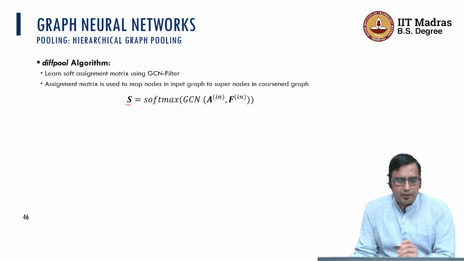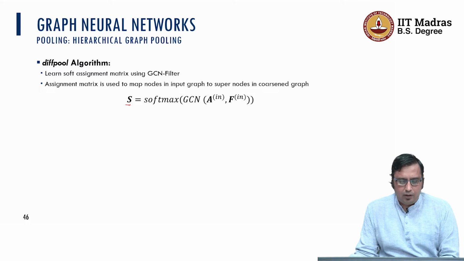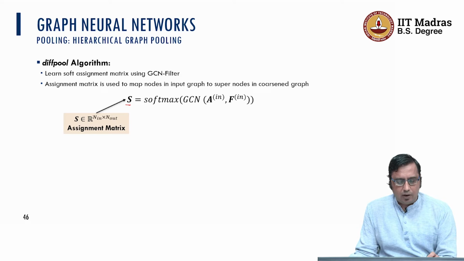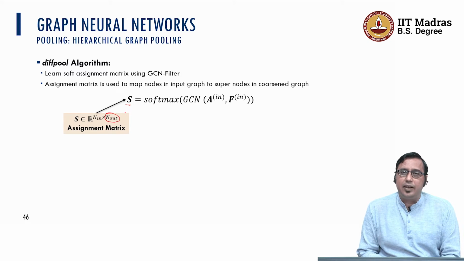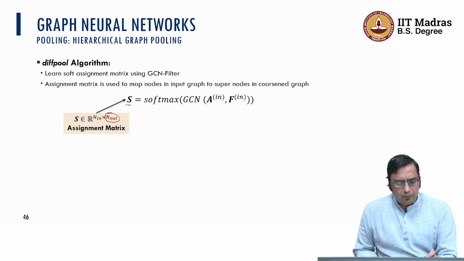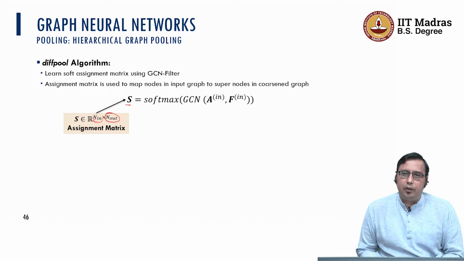Here S denotes the assignment matrix, which is of dimension N_in cross N_out. Hence, you can see that the columns of S indicate new supernodes, whereas the rows indicate the input nodes.